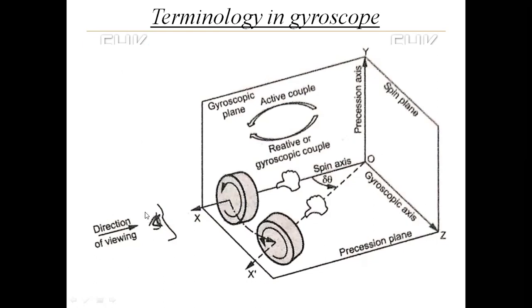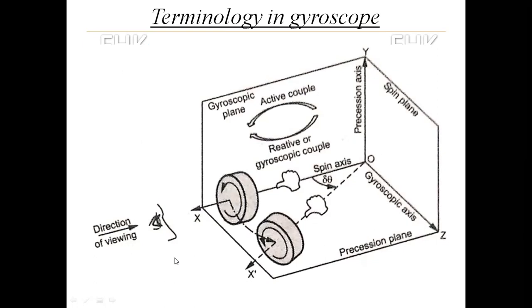So this is the direction of the observer. The observer is looking at the rotor from the left side, as shown by the arrow. This is the position in which you can see the actual rotation of the rotor, whether it is rotating in clockwise direction or anti-clockwise direction.